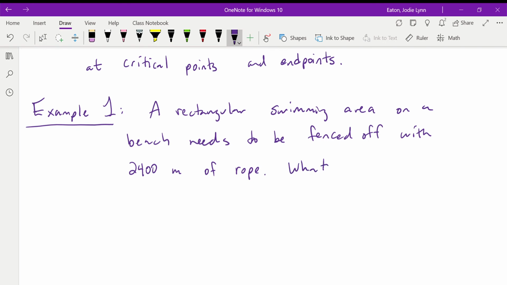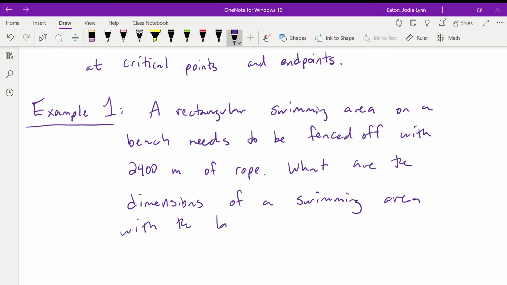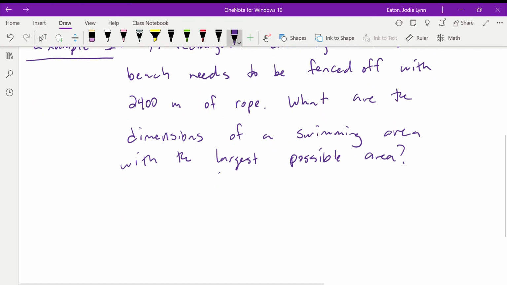What are the dimensions of a swimming area with the largest possible area? We didn't see the word maximum or minimum, but we did see largest possible.